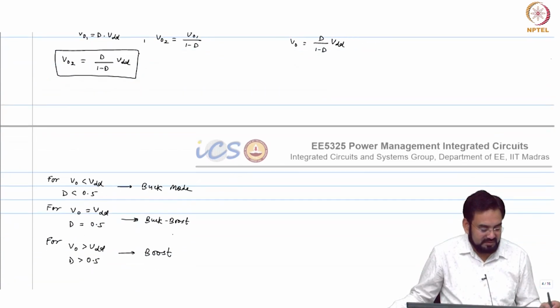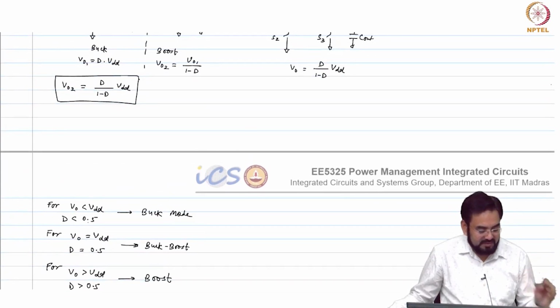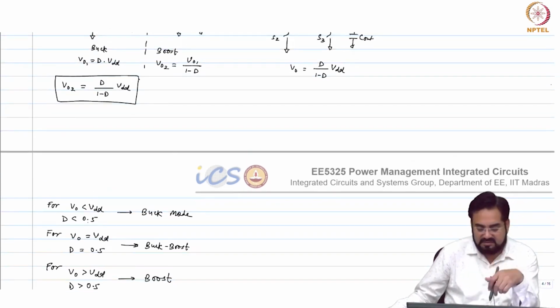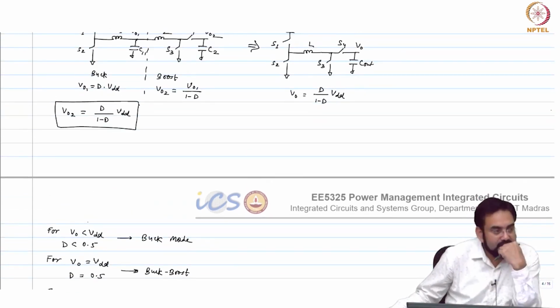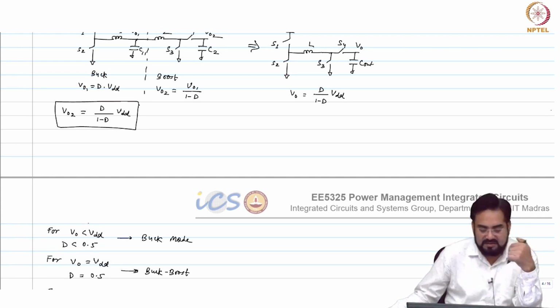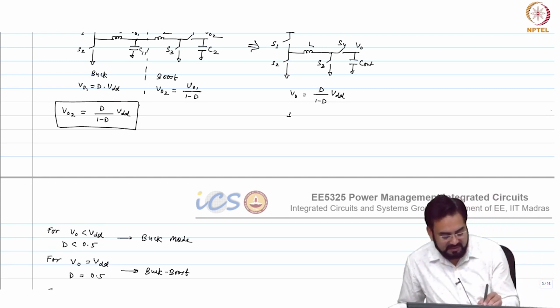Okay. So now if I make D equal to 0.5, by the way, what will be the current? V out is D over 1 minus D times VDD, but what about the current? What about IDD?